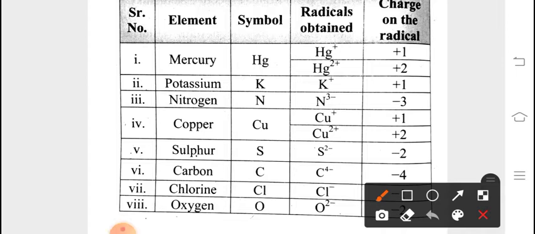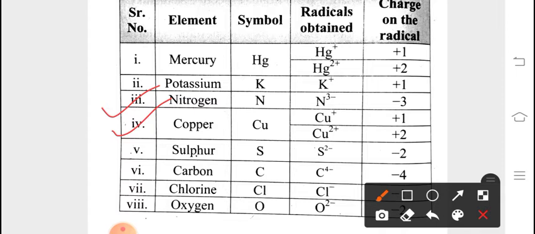Nitrogen. Symbol is N, capital N. Radical obtained: N3 minus, and charge on the radical is -3. Next is copper. Cu plus, Cu2 plus, charge is +1, +2.